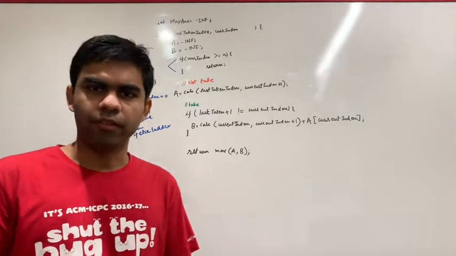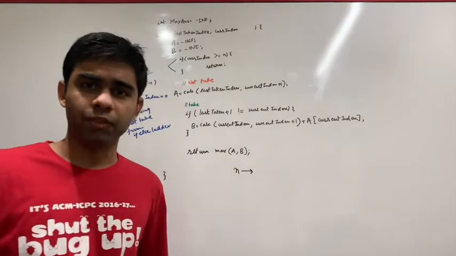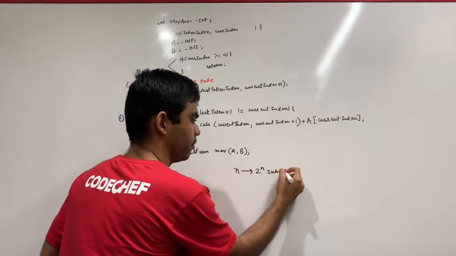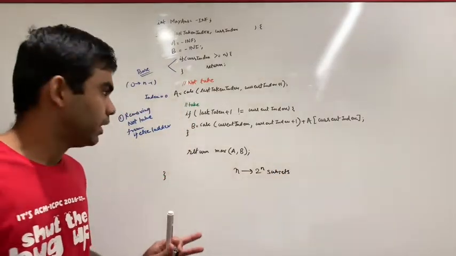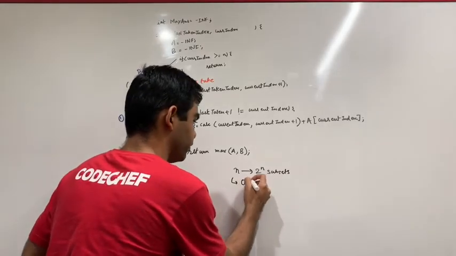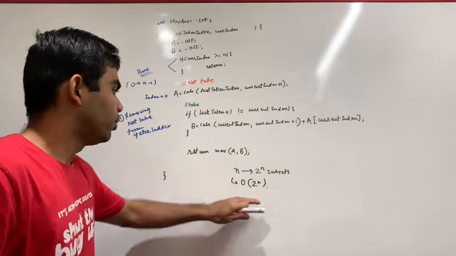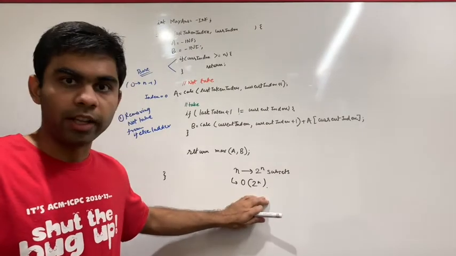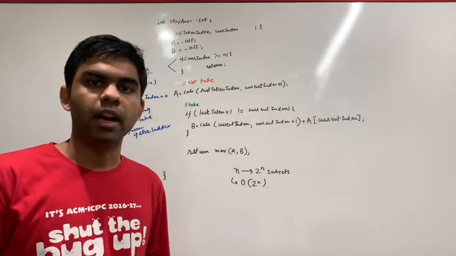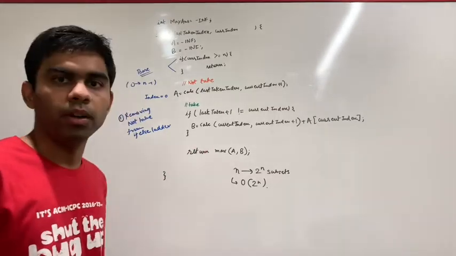So for an array of given length n, we can have 2 raised to n subsets. So it is obvious that our time complexity for this function is of order 2 raised to n. And we want to reduce this exponential time complexity to polynomial time complexity. Let's see further how we can optimize this code.